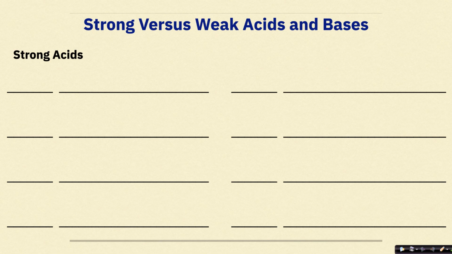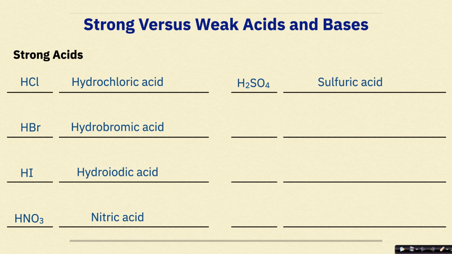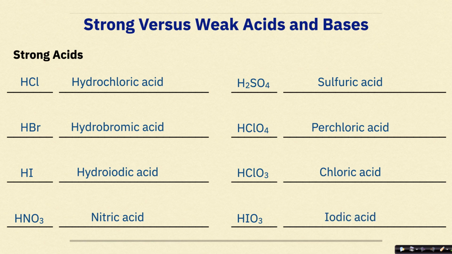formulas and the names. They are HCl, which of course you know is hydrochloric acid, HBr, which is hydrobromic acid, HI, which is hydroiodic acid, HNO3, which is nitric acid, H2SO4, which is sulfuric acid, HClO4, which is perchloric acid, HClO3, which is chloric acid, and HIO3, which is iodic acid.